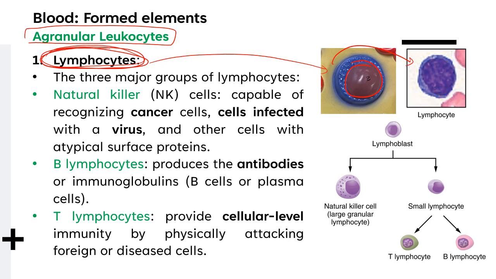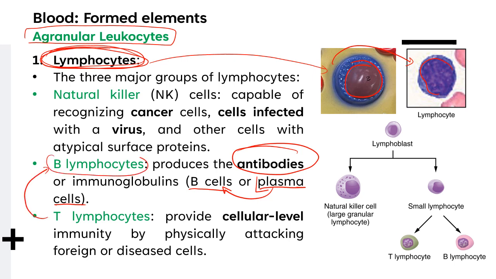Remember that some of the type B cells are the ones that produce antibodies, right? So antibodies are produced by B cells or plasma cells. A plasma cell is essentially a mature form of a B cell. Most of the time, lymphocytes type B get stimulated by a T cell.